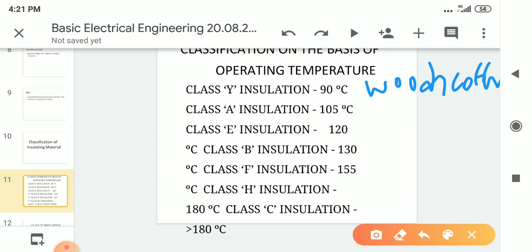Silk, cotton, and paper may also catch fire, burn, and turn into ash beyond that temperature. That's why it is used only up to 105 degrees centigrade.